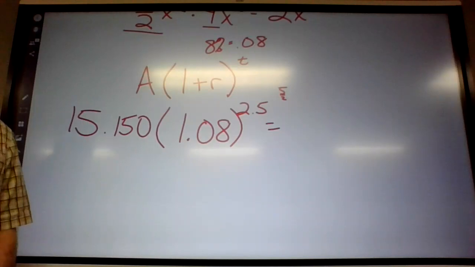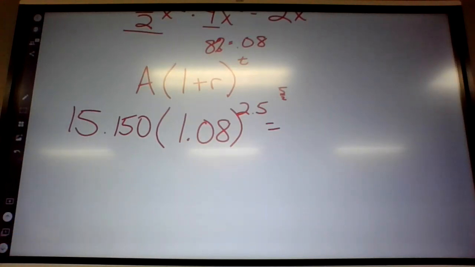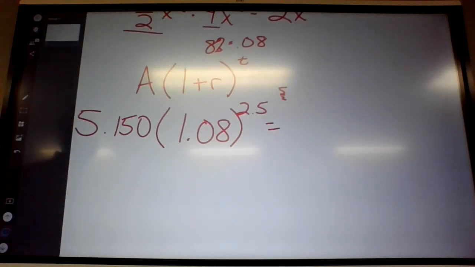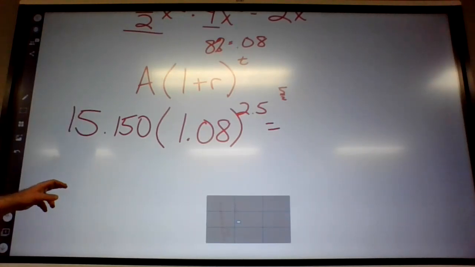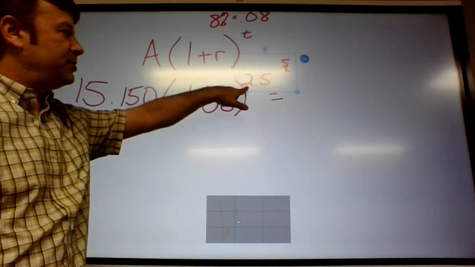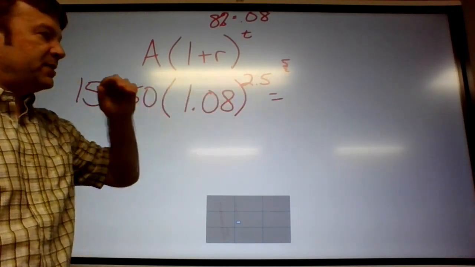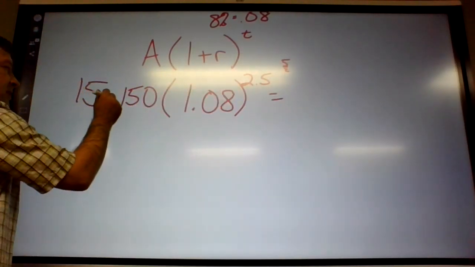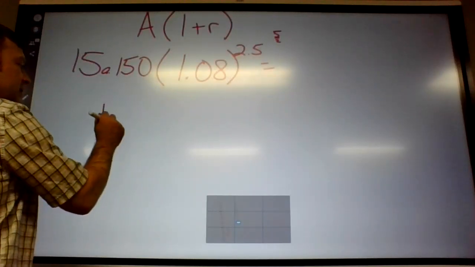We're talking about money, so it looks like they rounded to the nearest dollar though. 6 months is half a year, so 2 years and 6 months is 2.5 years. Okay, anyway, that's A.